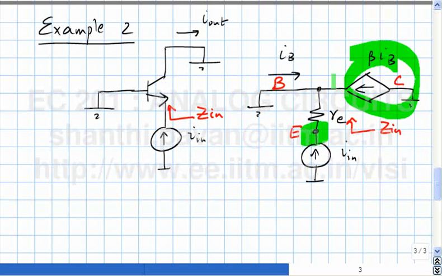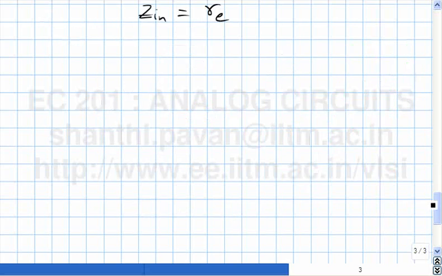It's simply IN times RE, so Zin must be RE. And if you replace RE with 1 over Gm times beta by beta plus 1, you will get the same expression that you got yesterday. Is that clear? Fine. The RE model was derived from the original model.